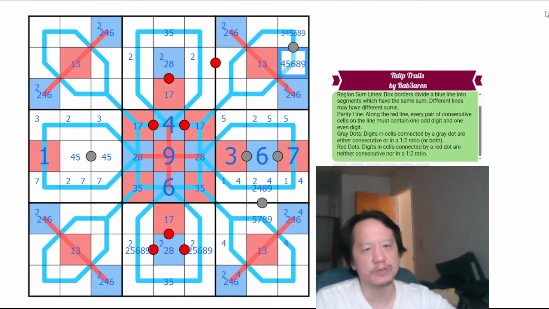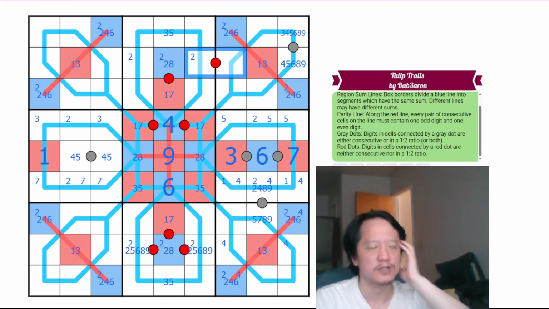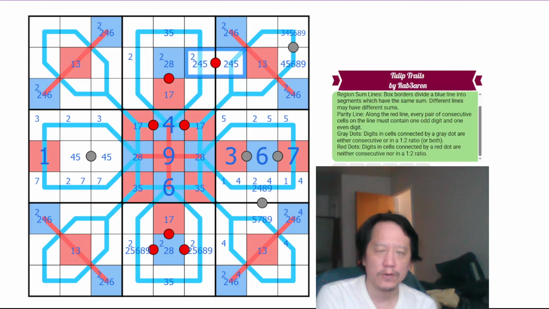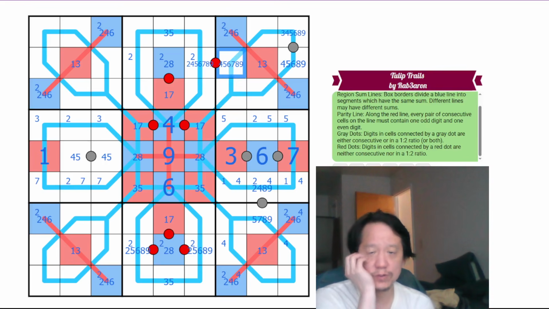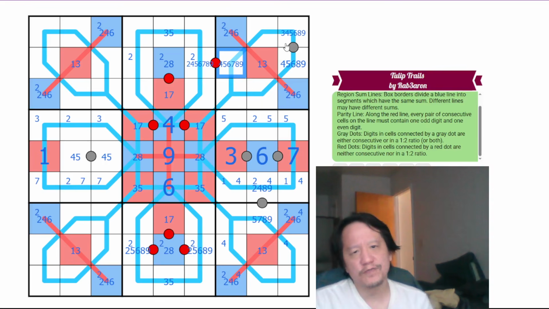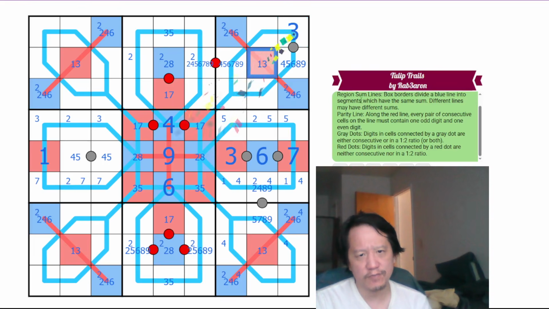And again, this could be any digits not 1 or 3. Obviously that can't be 2. If this were 3, then you'd have 1 here.